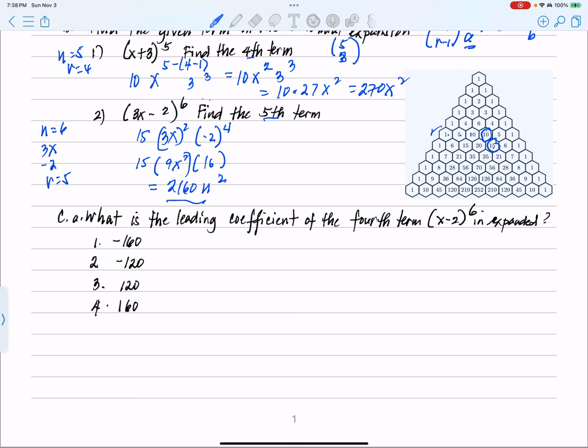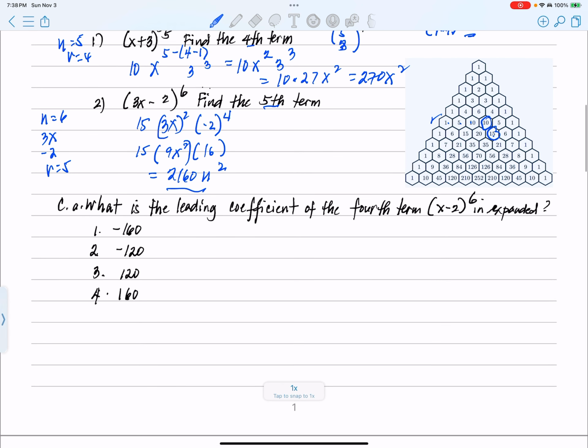Okay. In letter C, what is the leading coefficient of the fourth term of x minus 2 raised to the 6th power and expanded? So leading coefficient of the fourth term. So let's look at it. What is our n here?